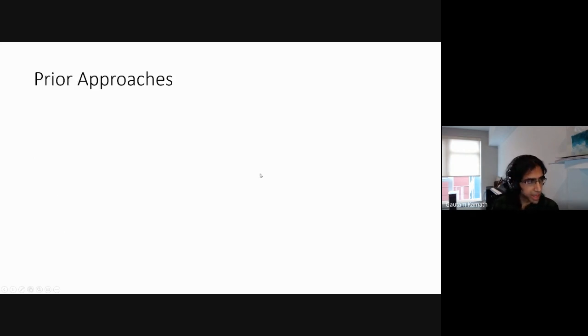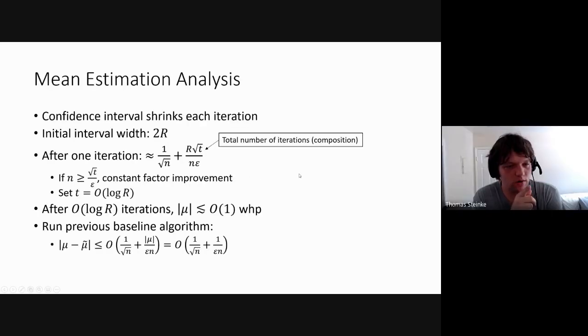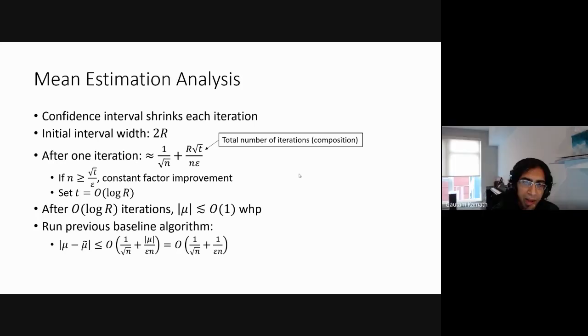So just a question. Isn't it more than a constant factor improvement? How so? I think theoretically, if it's some other function of R, you could say it makes a polynomial improvement, but that would cost a polynomial in R. I think this is the best balancing.